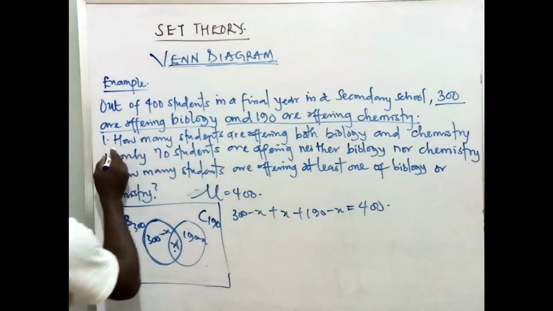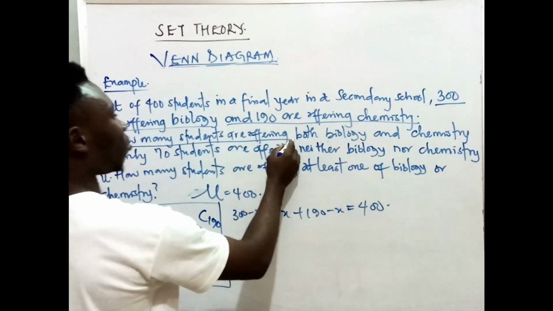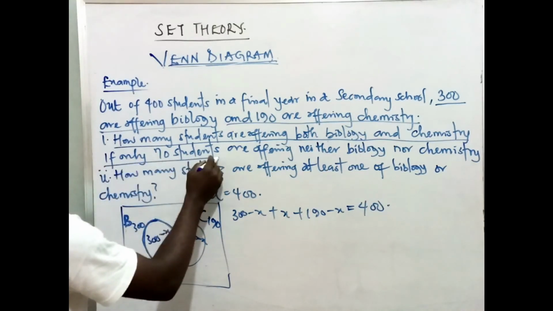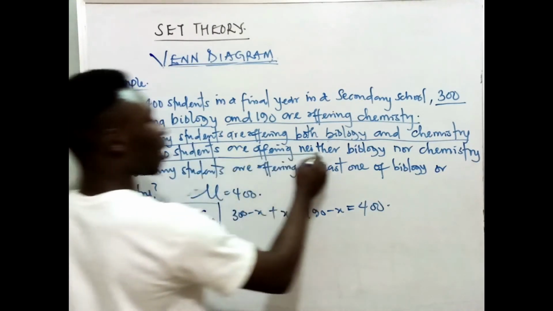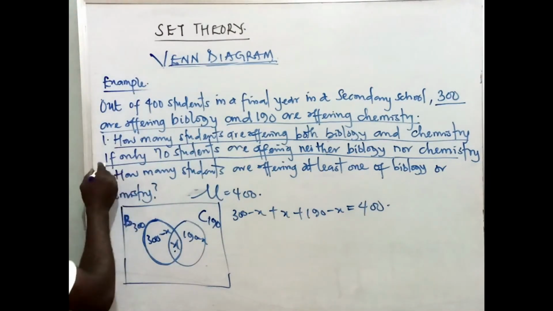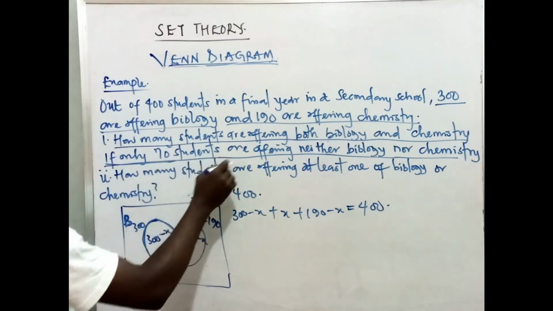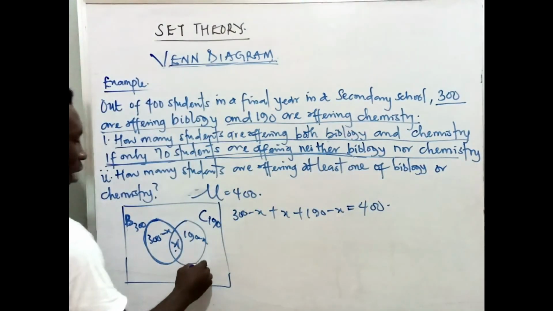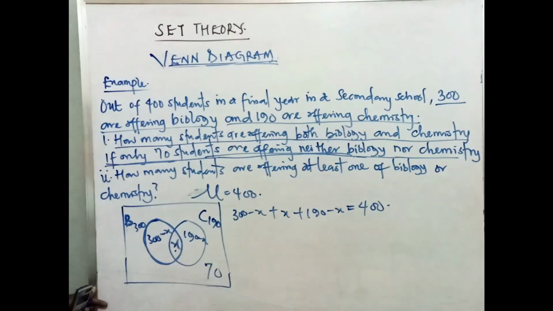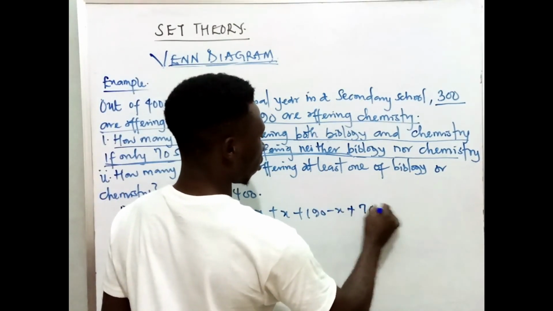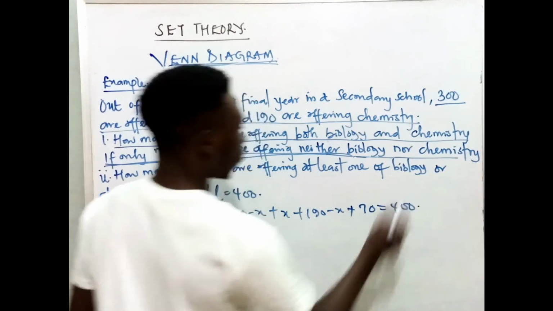But let's read out the question. The question said, how many students are offering both biology and chemistry, if only 70 are offering neither biology nor chemistry? So if 70 are not offering, this 70 goes down here, plus 70 is equal to 400.